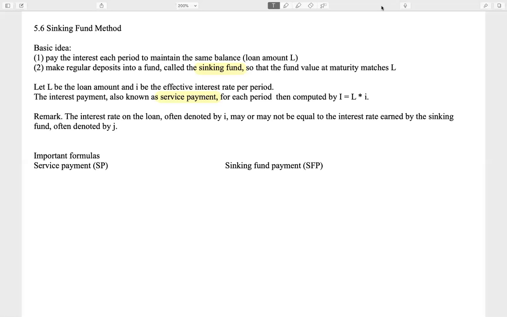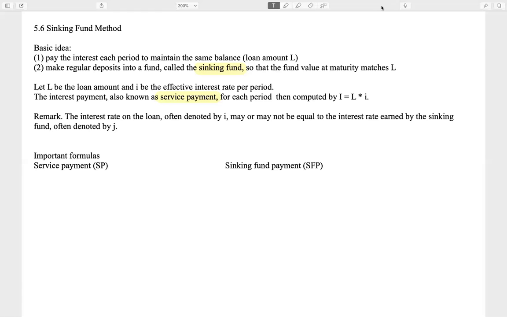But here, we apply a different idea. The idea here is to pay off the interest each time, so that the outstanding balance remains the same, and then I make another deposit into a separate fund. I will rely on this sinking fund to accumulate enough money to cover the original loan amount by the end of my term. So that's the principal idea.